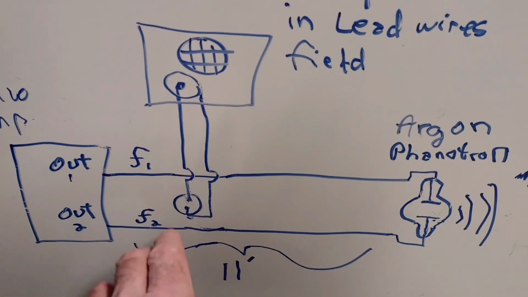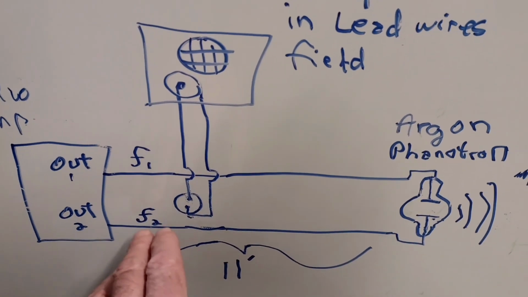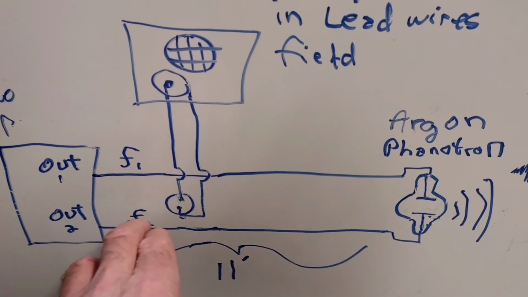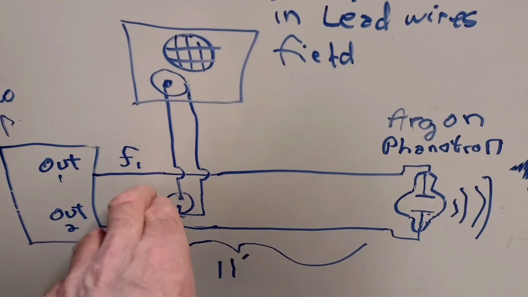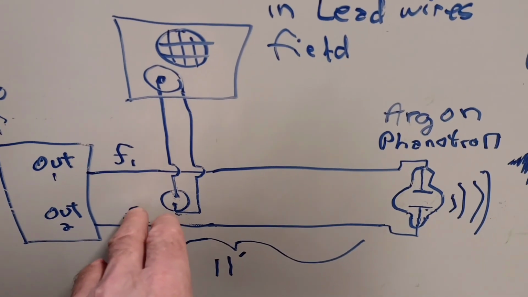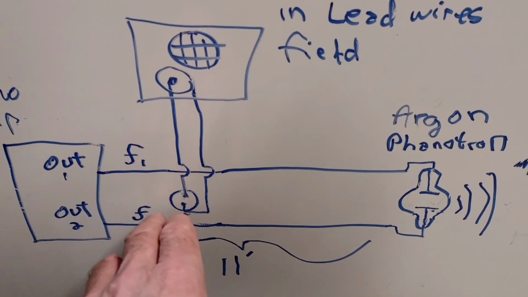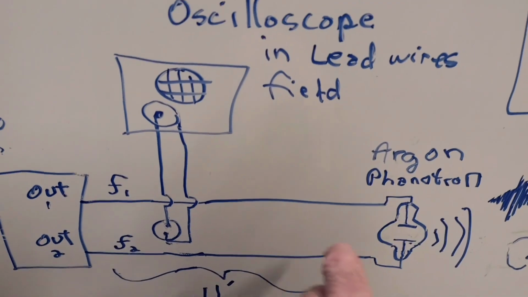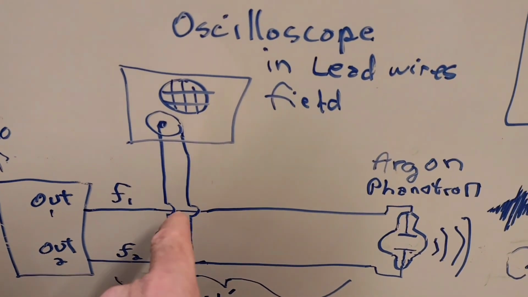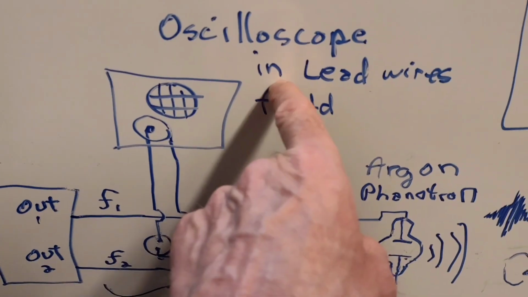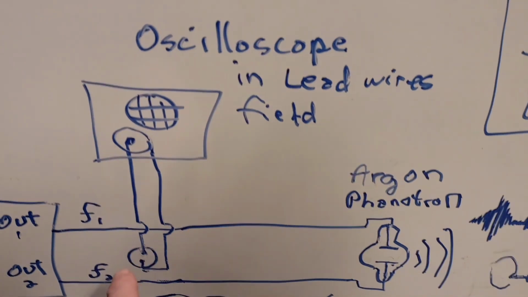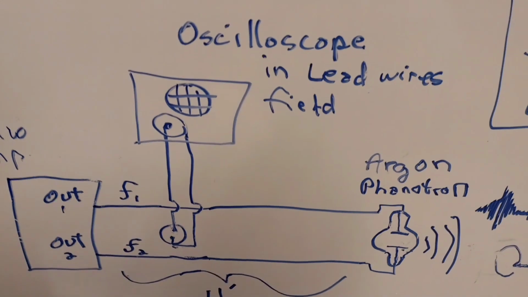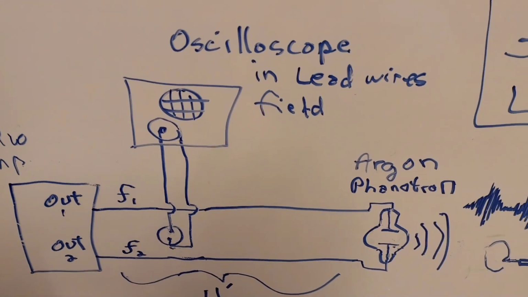If the leads are emanating their frequencies way back here near the amplifier, and they're creating a beat just in the air across the two leads themselves before they even get to the phanatron tube, we're going to place an oscilloscope there in the lead wire field, close to the amplifier, just to see if we're picking up a beat frequency way back there.